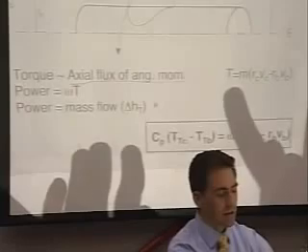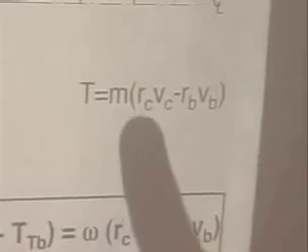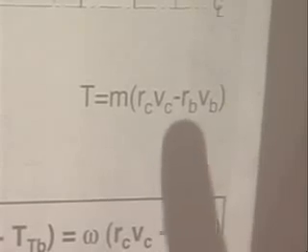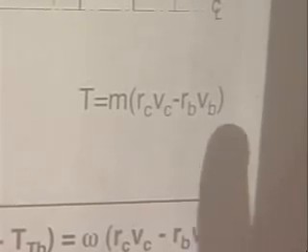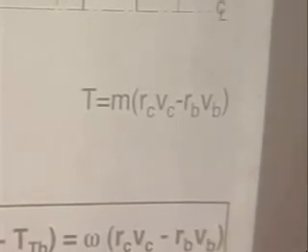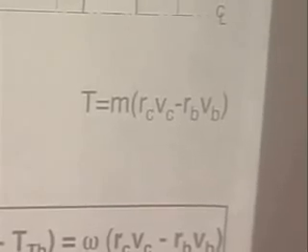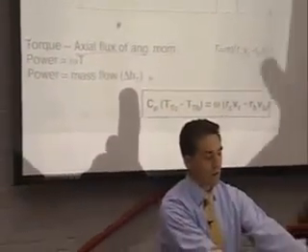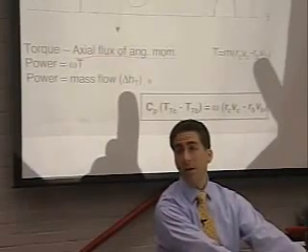And this is the part of it which is torque equal to flux, axial flux, that's the mass flow part. Angular momentum is the R V theta, where V here is the tangential or circumferential component. You take change in enthalpy, equate it to change in the flux of angular momentum, and you're done.